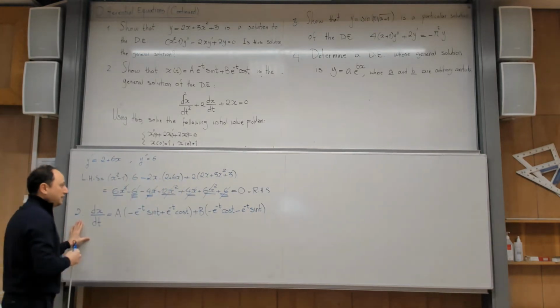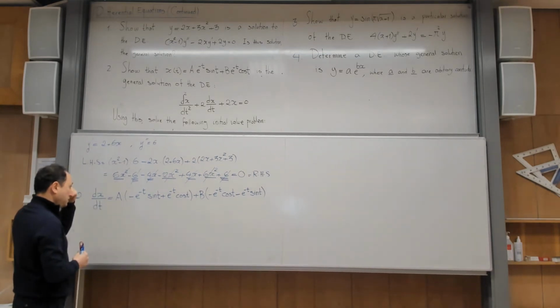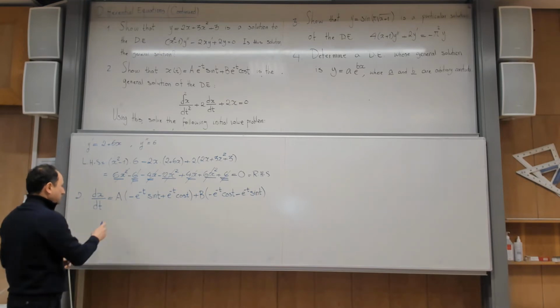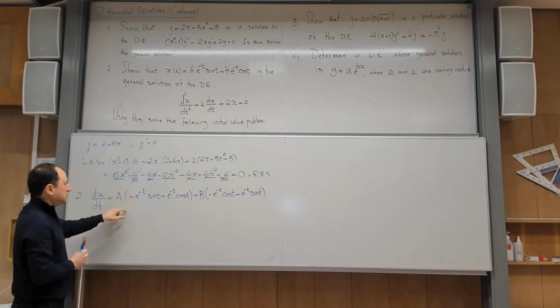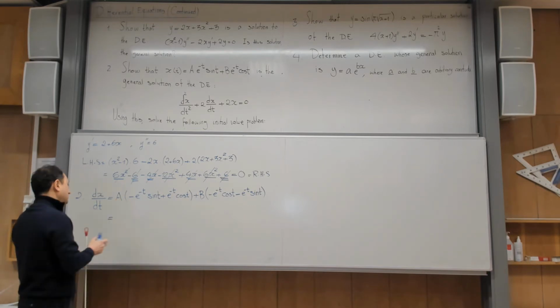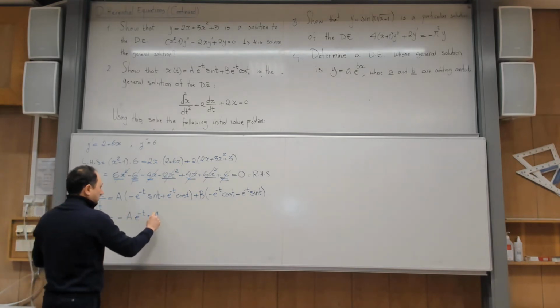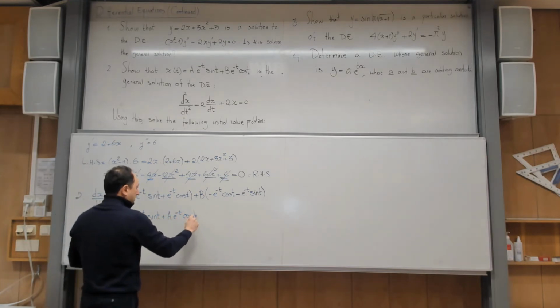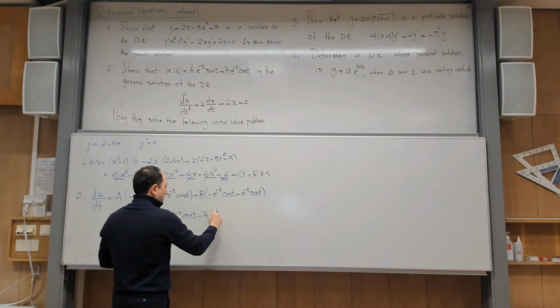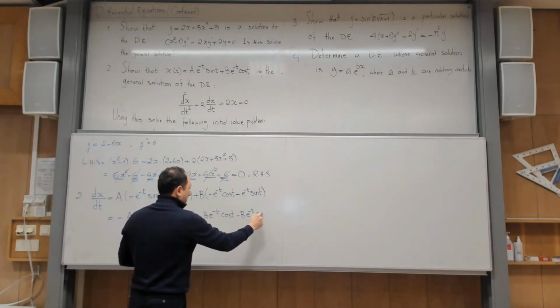But then you have to be a little bit careful for the second derivative. Can I simplify this a little bit more? If you want, let us simplify it a little bit, but let us do it in our head, yes? So you see, if I multiply, but let me multiply. So it becomes minus a e to the power of minus t sine t plus a e to the power of minus t cosine t minus b e to the power of minus t cosine t minus b e to the power of minus t sine t.